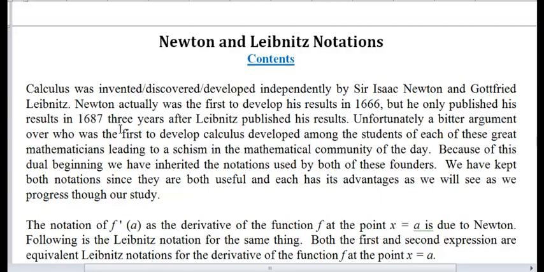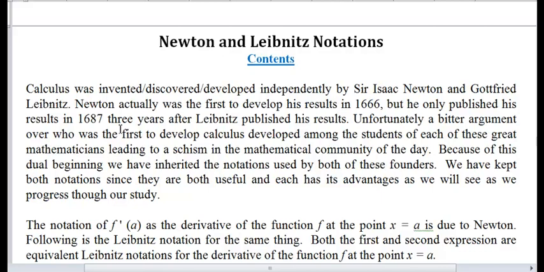Unfortunately, a bitter argument started to develop among the students of Leibniz and Newton over who was the first to develop this. It created quite a schism in the mathematical community of the day, between those who supported Newton and those who supported Leibniz, and particularly the British mathematicians split off from the rest of Europe. We had a big schism for a long time, which is kind of unfortunate.